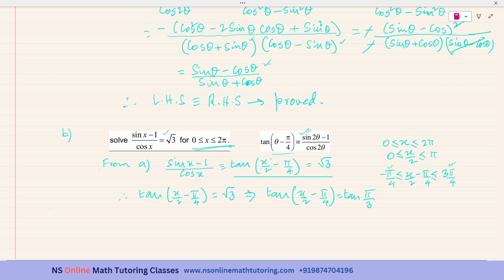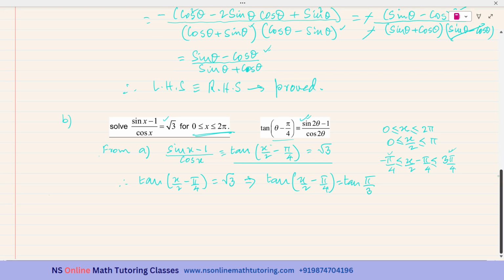Okay. So therefore x over 2 minus pi over 4 is equal to pi over 3, implies x over 2 equal to pi over 3 plus pi over 4, which is equal to 7 pi over 12. Okay.